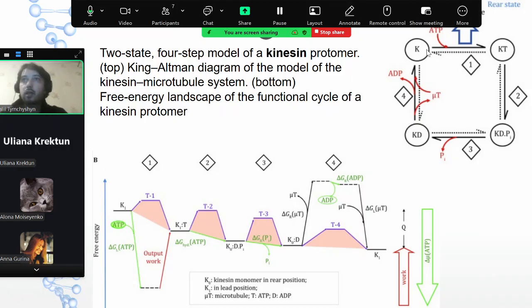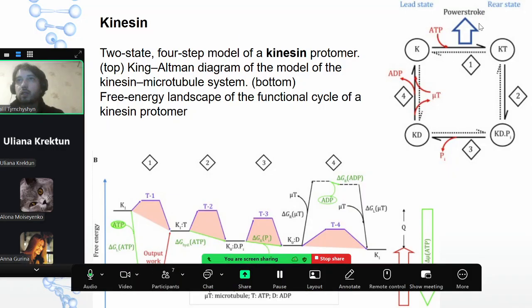You have kinesin, you have ATP bound to the kinesin, and this binding of the ATP is basically used to perform some work. Here you see the power stroke is performed on binding of the ATP.